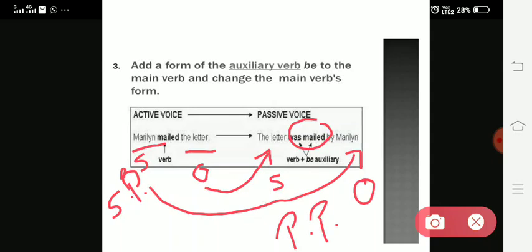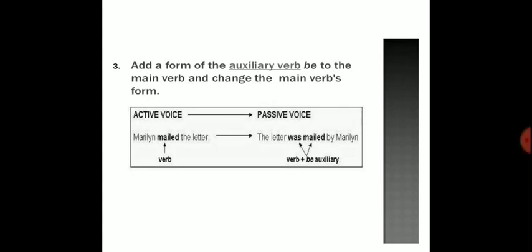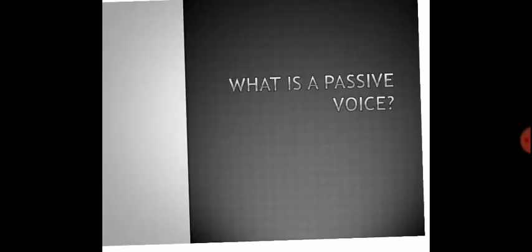Mailed is the past tense, and mailed is also the past participle of mail, so that's why we have used mailed. The preposition "by" we have to use, and Marilyn, which was our subject, now becomes our object in passive voice. Okay, so is it clear? I hope you have understood how to convert the active voice into the passive voice.